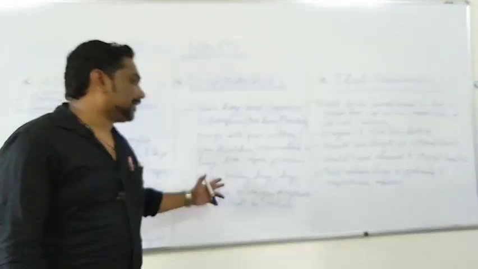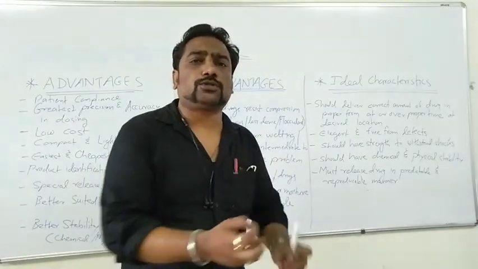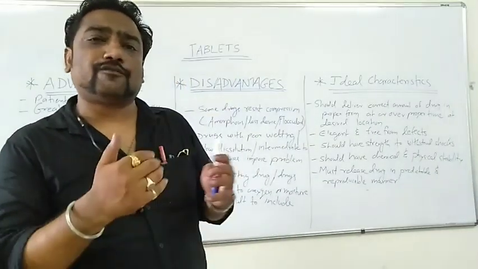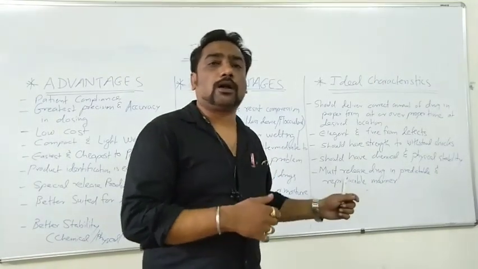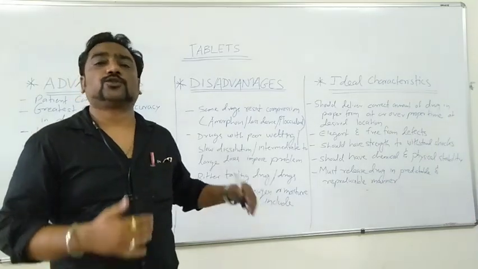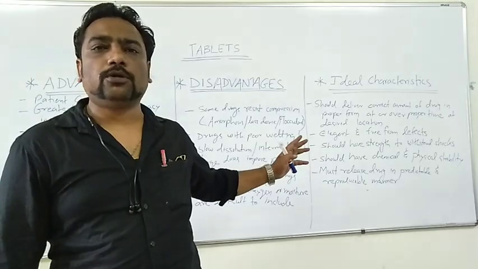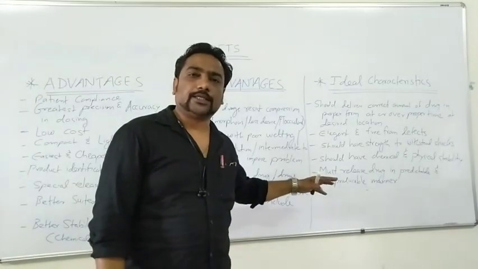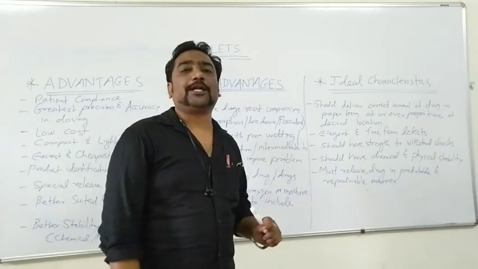But drugs with bitter taste, drugs sensitive to oxygen, or prone to degradation in the presence of moisture or oxygen are difficult to formulate in this dosage form. We have different means to solve the problems related to these kinds of drugs. So these are the disadvantages of tablet dosage form.